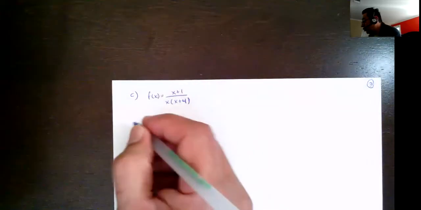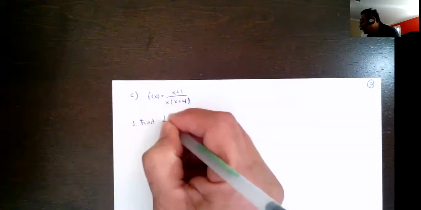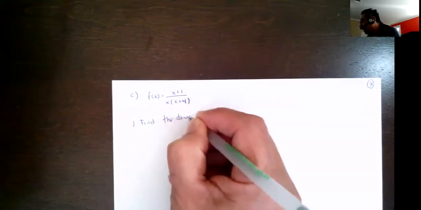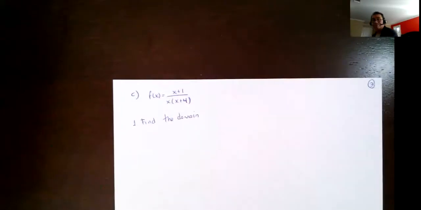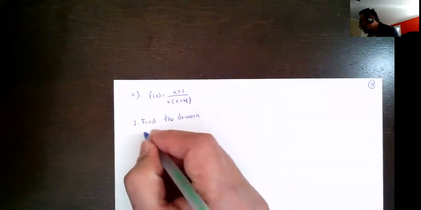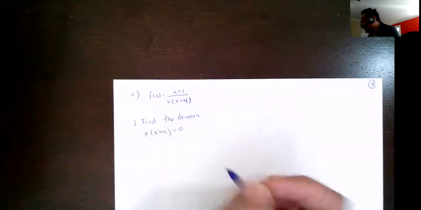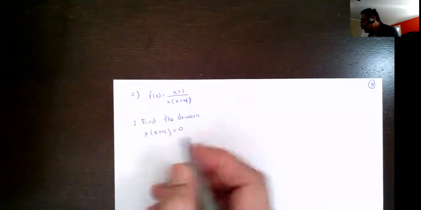So step number one, we're gonna find the domain. If you remember from 5.3 how to find the domain, the first thing we do is equate the denominator to 0 and solve for x. So x times x plus 4 equals 0.